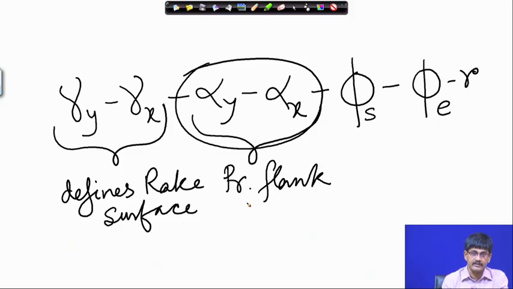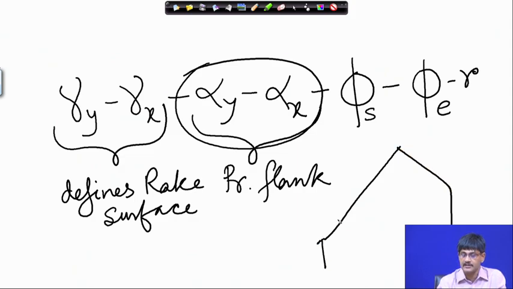So, the orientation of the rake surface is fixed, the orientation of the principal flank is fixed, and therefore, their intersection, which is the cutting edge, will also be fixed. You cannot have a free definition of the cutting edge after this. Cutting edge is fixed, which means phi s is also fixed.